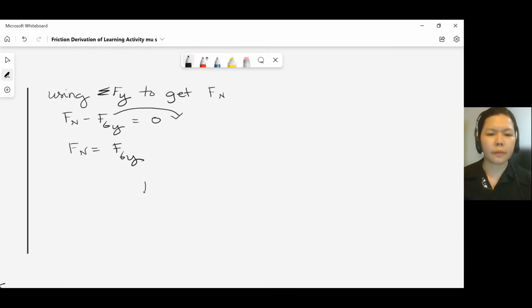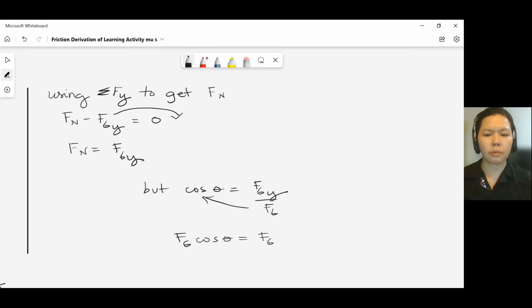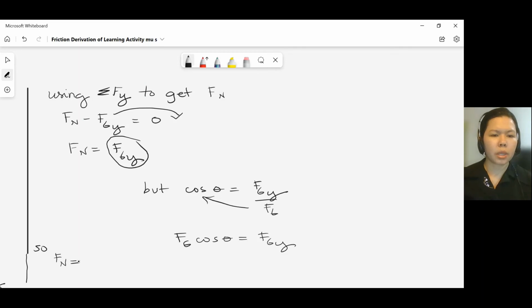Cross multiply, so Fg cosine theta equals Fgy. So Fn equals Fgy equals Fg cosine theta.